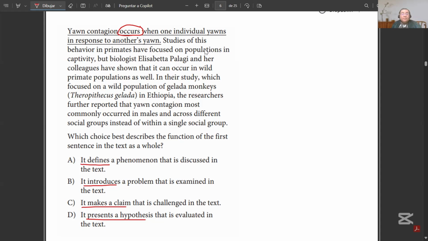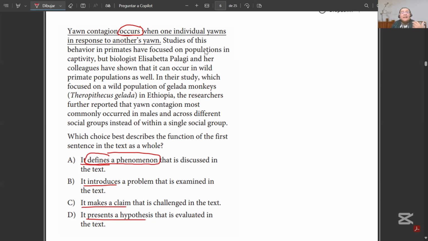And if you just focus on the closest word in meaning to occurs, which actually is kind of a definition, here you have it defines. And then it goes on by saying it defines a phenomenon that is discussed in the text. So this seems to fit perfectly what is going on with this sentence.